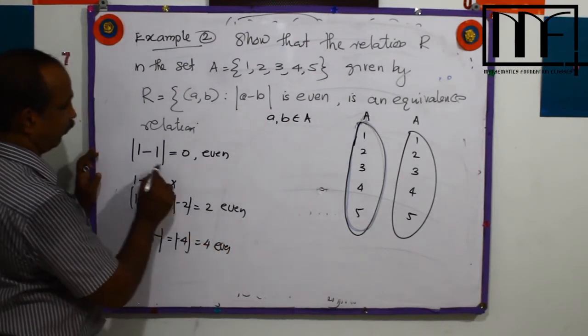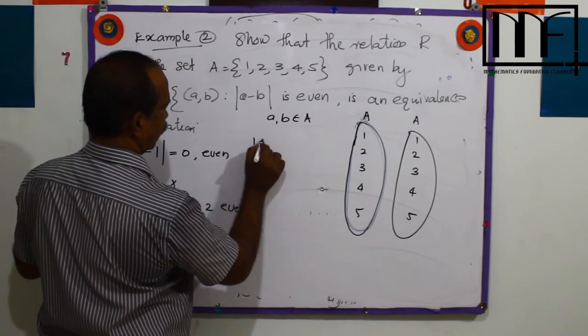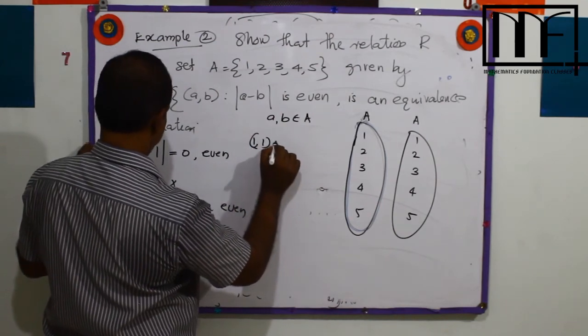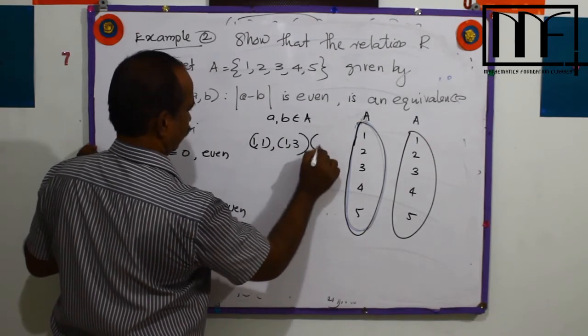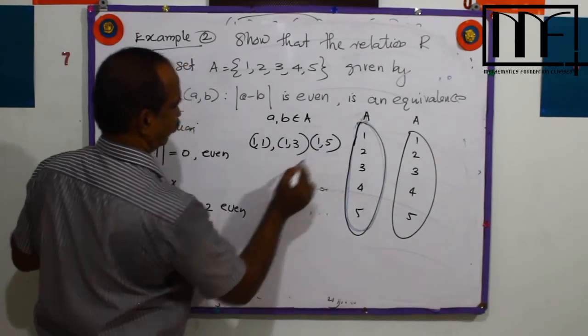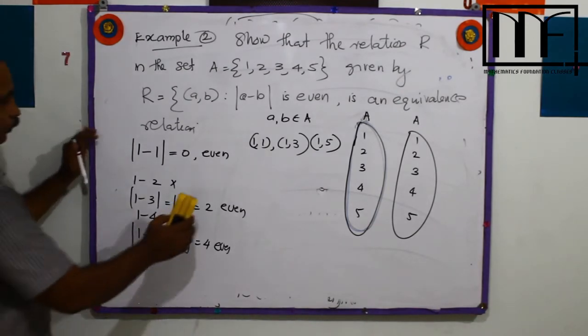So with 1 we get the ordered pairs (1, 1), (1, 3) and (1, 5), three elements.